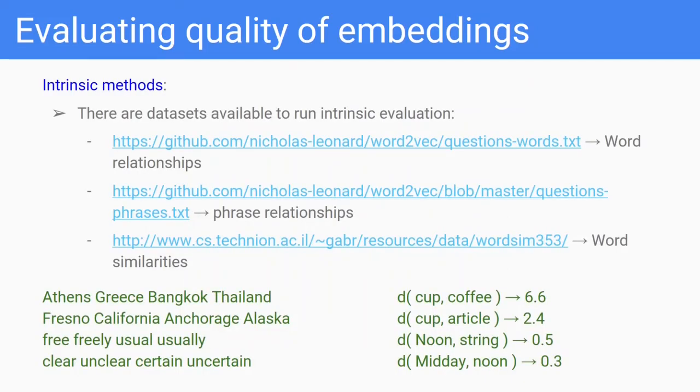And another problem with the intrinsic methods is that you again need hand-annotated data sets that have a lot of combinations of words that you can use to test those relationships. But there are some around, at least for the frequent words, a bit like synsets. Indeed, you could use synsets as well to test something similar to this.